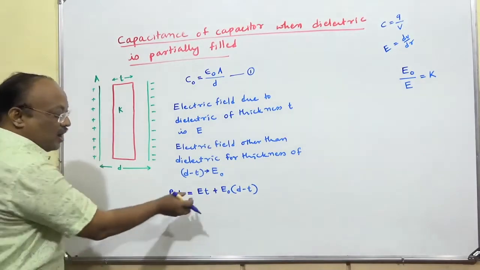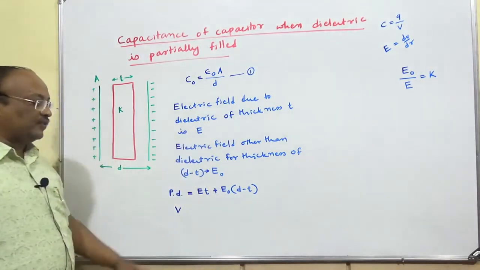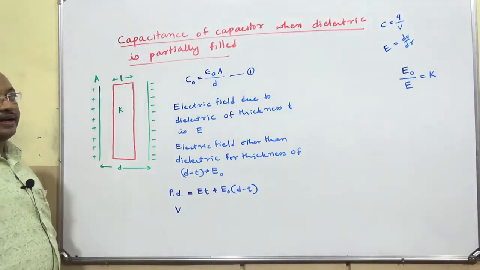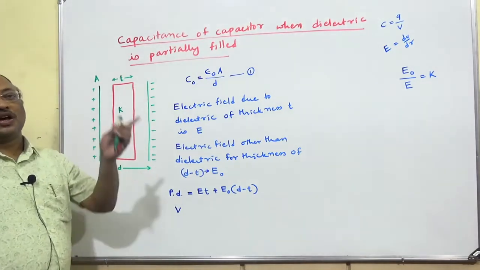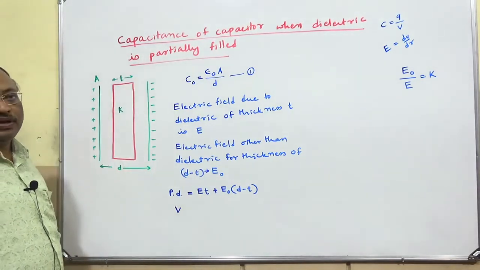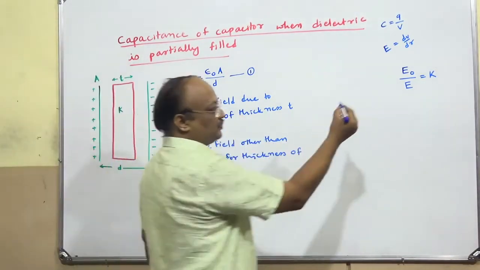I want the value of this E in terms of E naught. So what can I write?